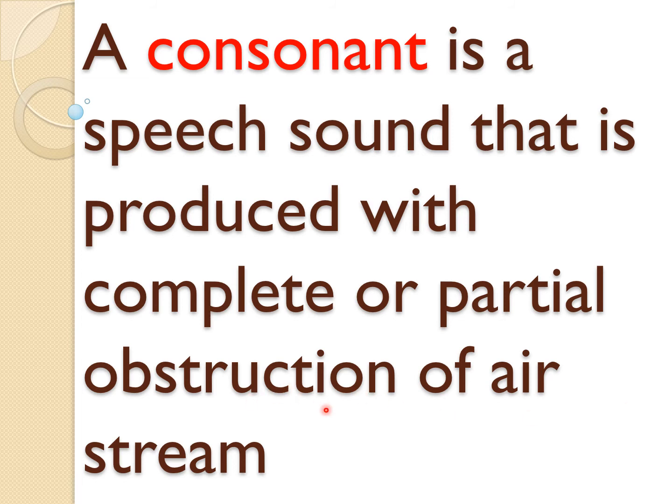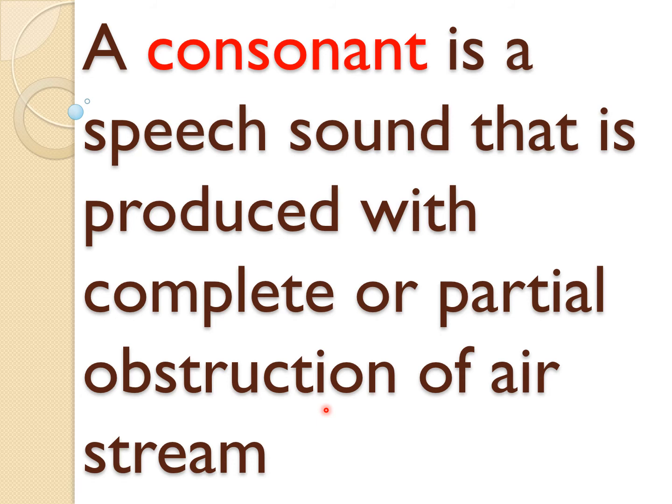When we produce a speech sound, the air comes from the lungs and it goes up through the windpipe. Then it goes either through the vocal tract, from the mouth, or through the nasal tract, from the nose.